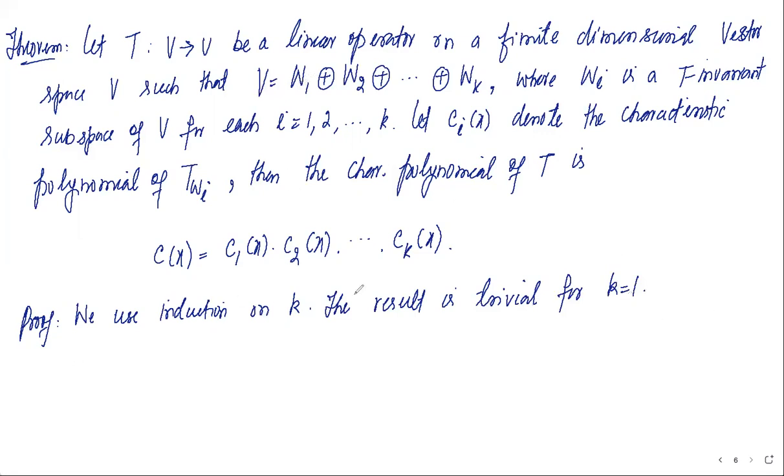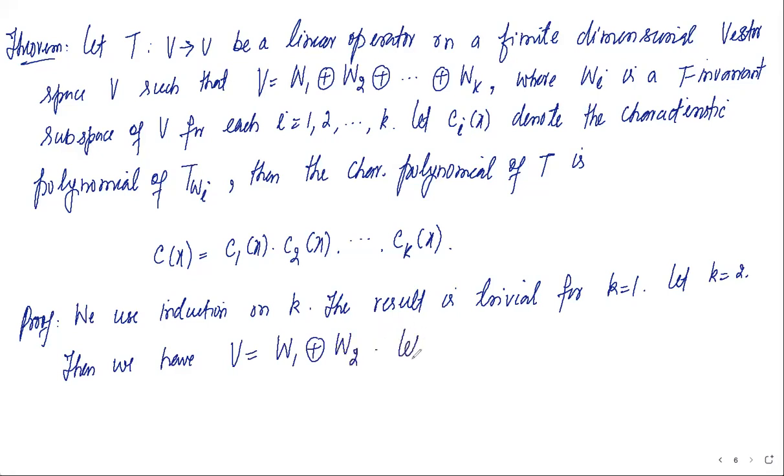So now let k be equal to 2. Then we have vector space V as a direct sum of its two subspaces W1 and W2.